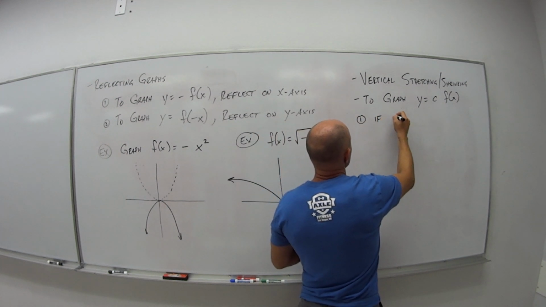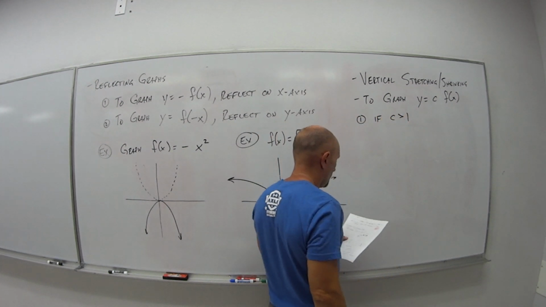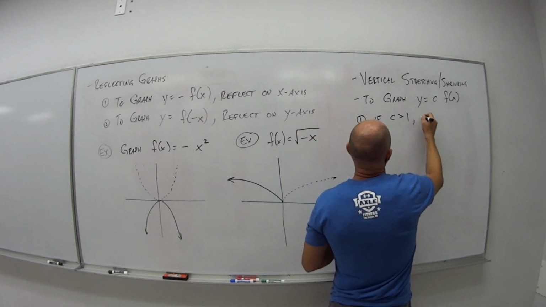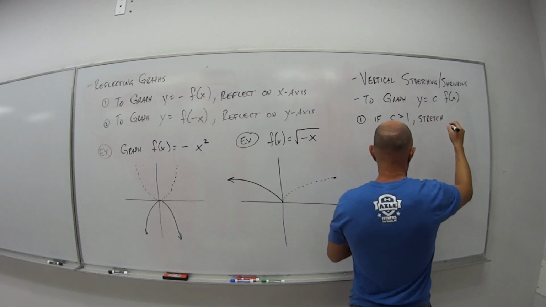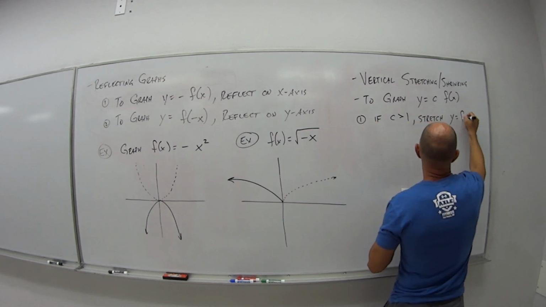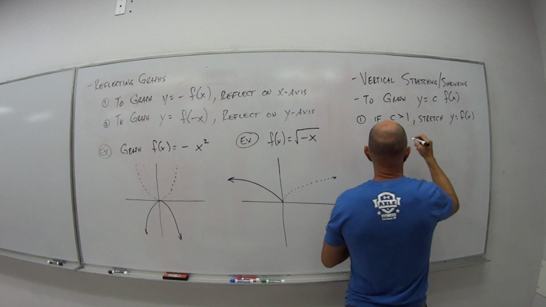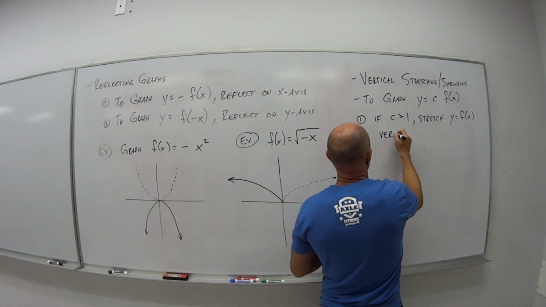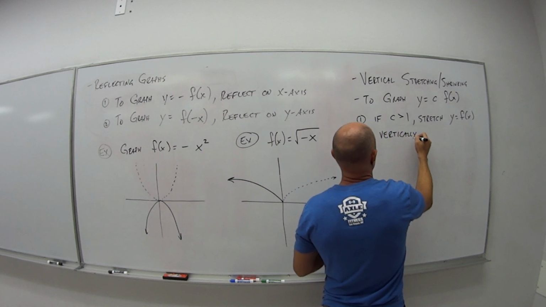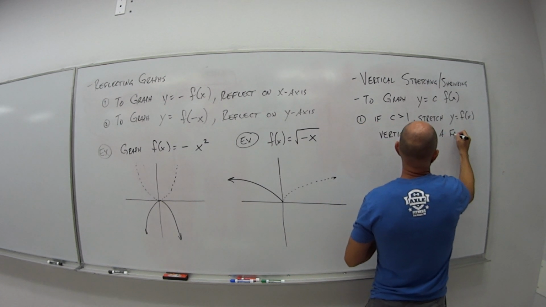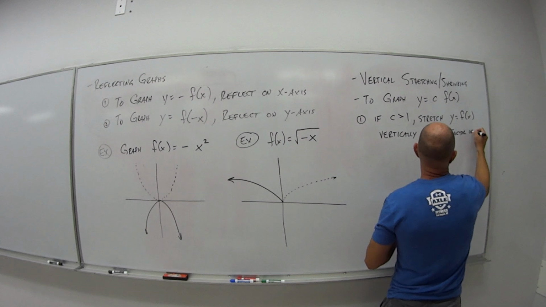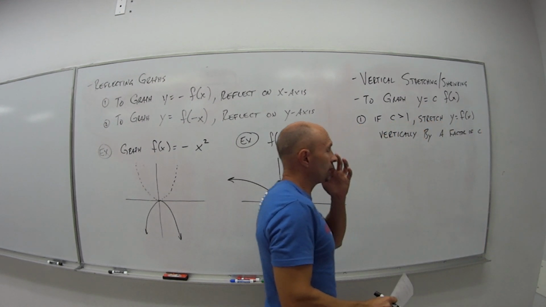If c is greater than 1, then we stretch it. So we stretch y equals f of x vertically by a factor of c. And again, we'll look at a couple examples.